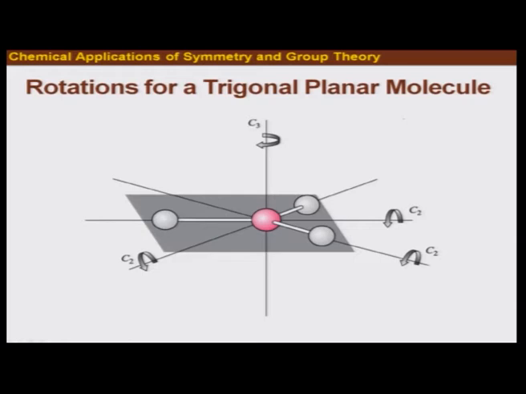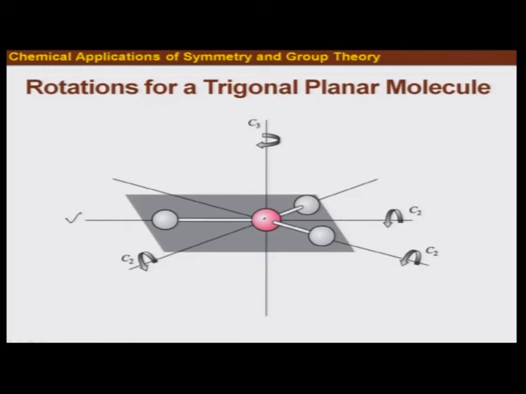Here you see that I can imagine an axis which is right here, which passes through one fluorine and one boron. About that particular axis you can have a rotation, so you can get an indistinguishable structure.